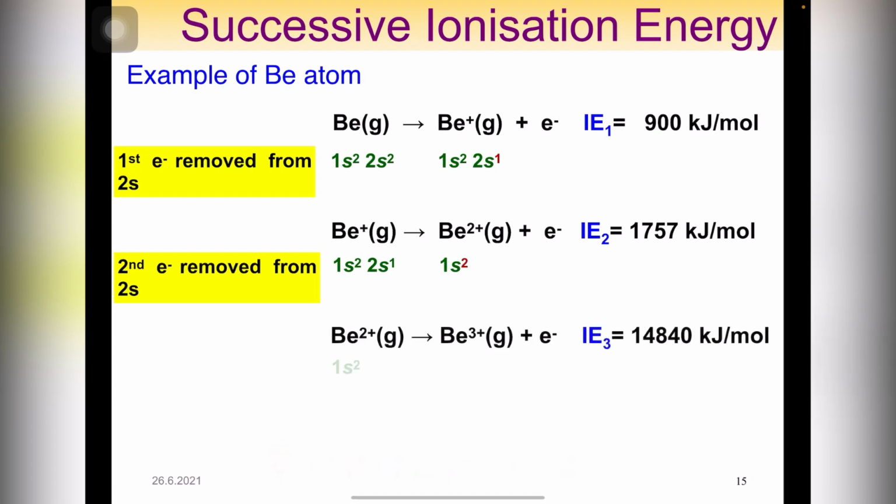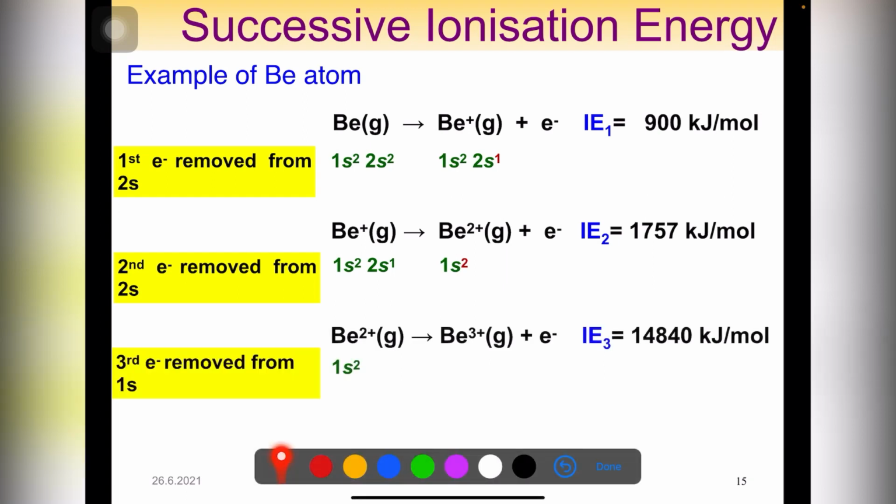Same for the next one, the next electron is removed from the 1s. We know that n equal to 1 is near to the nucleus. That's why the ionization energy is higher compared to the second and first.